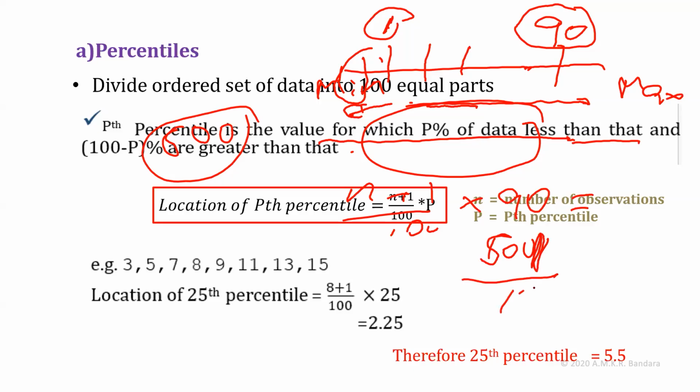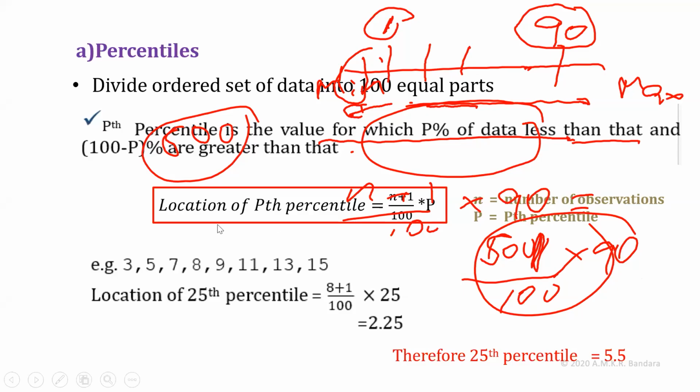Then after arranging these 500 data points in ascending order, you have to find the value corresponding to this position.